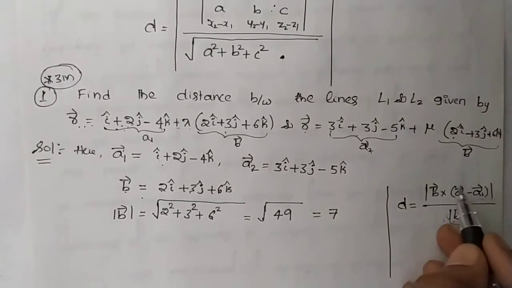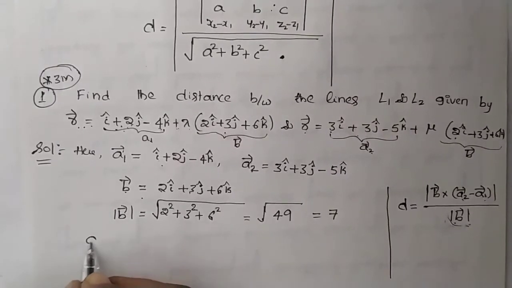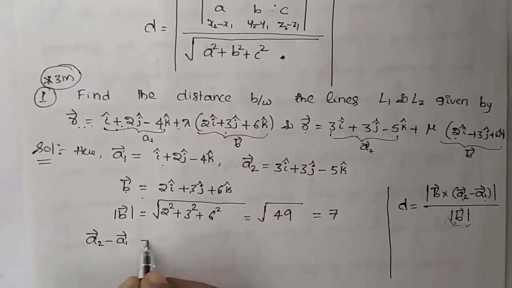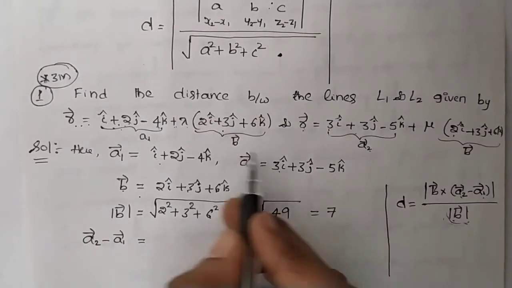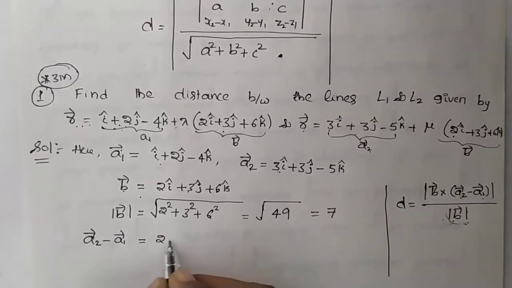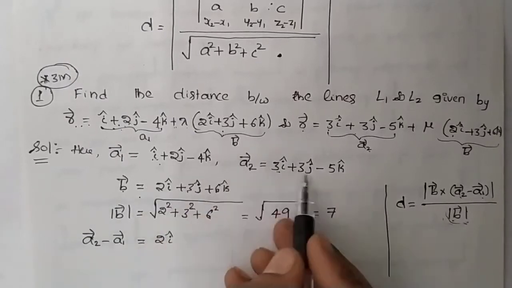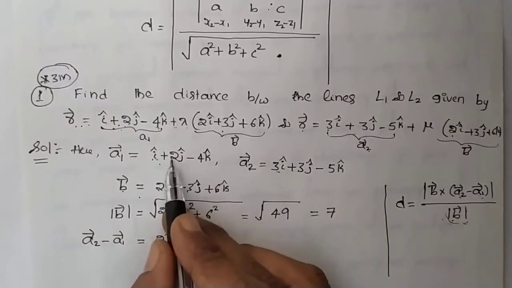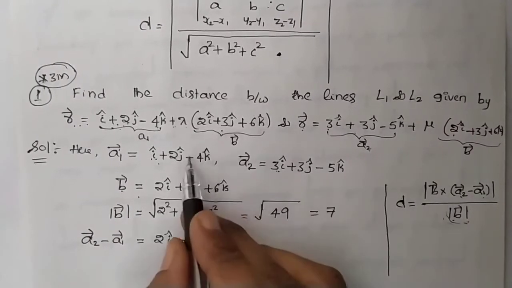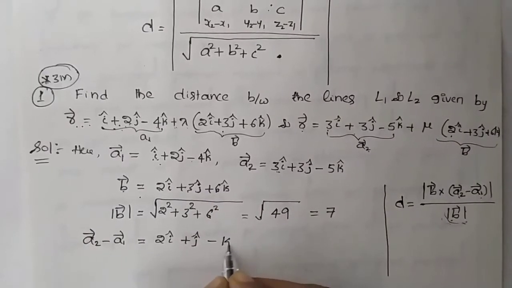Next we have to find a2 minus a1 vector. a2 vector minus a1 vector equals 3i minus i is 2i, 3j minus 2j is plus j, minus 5k minus of minus 4k is minus k.